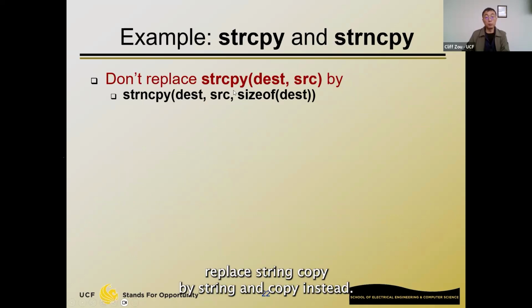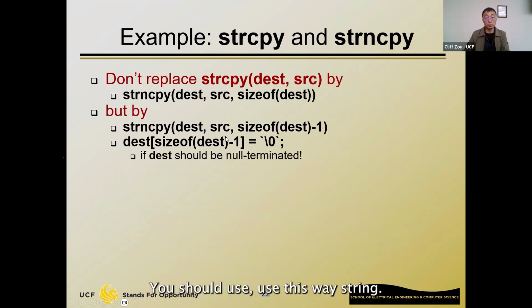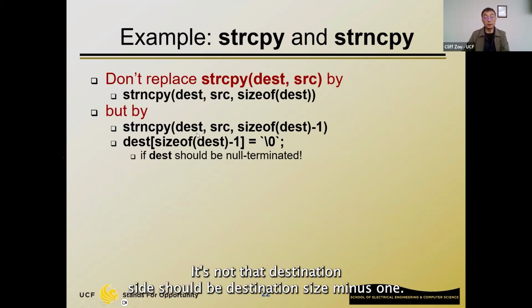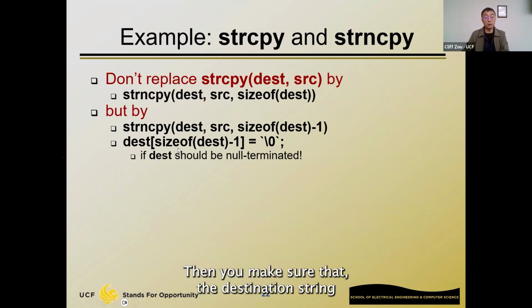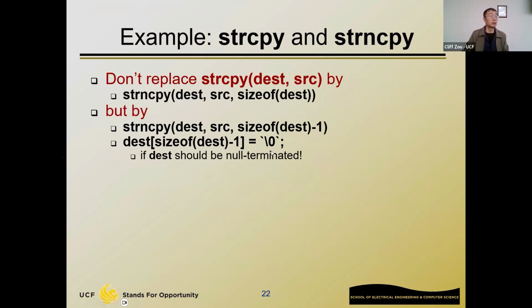So don't just replace string copy by string uncopy. Instead, you should use it this way: string uncopy, and specify the size not as the destination size, but as destination size minus 1. Then you make sure that the destination string is ended with a null byte.